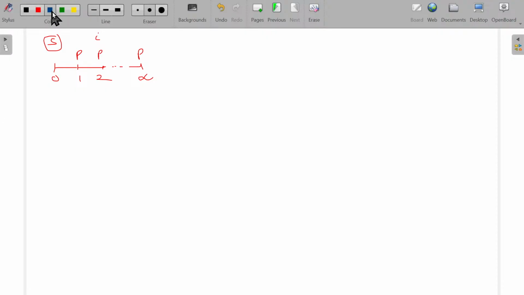For the first P, S is equal to P into 1 plus I to the power minus 1. Second P into 1 plus I to the power minus 2. It goes on. Finally, we have the P. What about the present value of that P? P into 1 plus I to the power minus infinity. Endless.